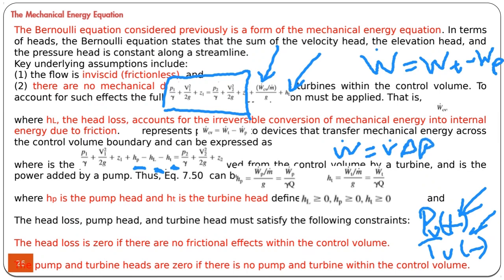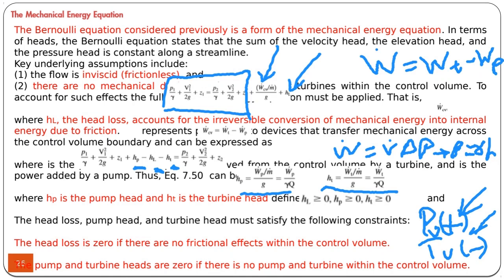So you can see the same thing here actually. So power divided by gamma Q is H, because as you remember, P is gamma H. So the turbine head can be written as turbine power divided by gamma Q, and pump head can be written as pump power divided by gamma Q.